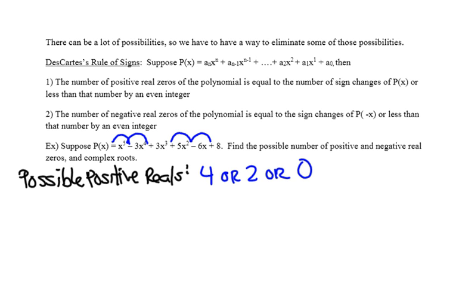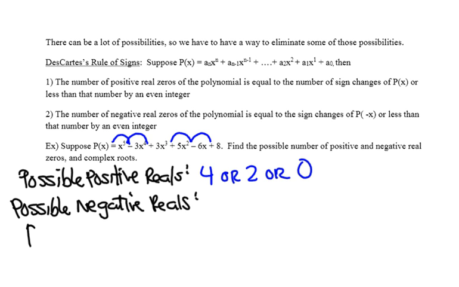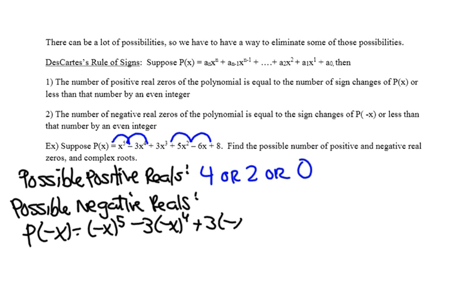All right, let's talk about possible negative reals. Now, I'm going to take a look at p of negative x. Every time I see an x, I'm going to replace it with negative x, and then simplify.